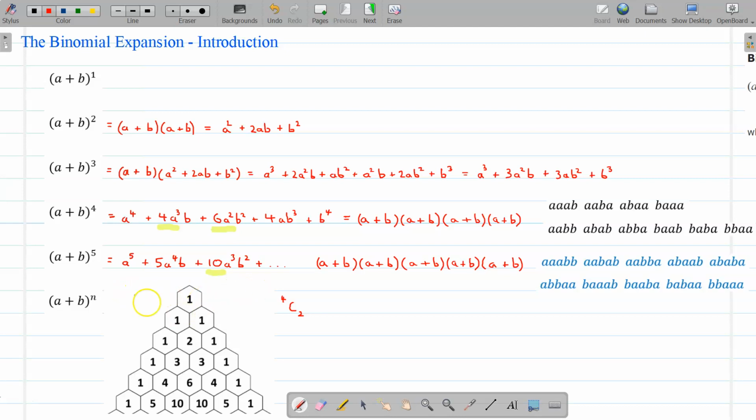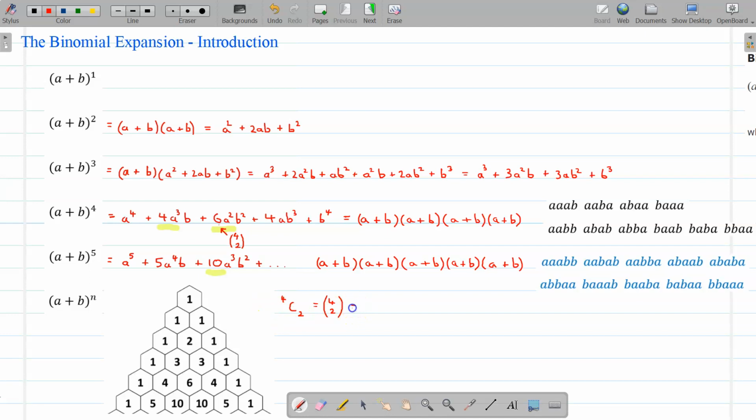And 4C2, which is what this 6 is here, can also be written like this as 4 over 2, as a sort of column with brackets around it. It means if you had 4 items where 2 of them were different from the other 2, how many different ways could you arrange them?